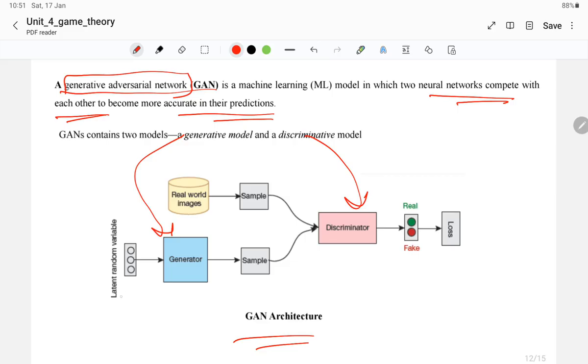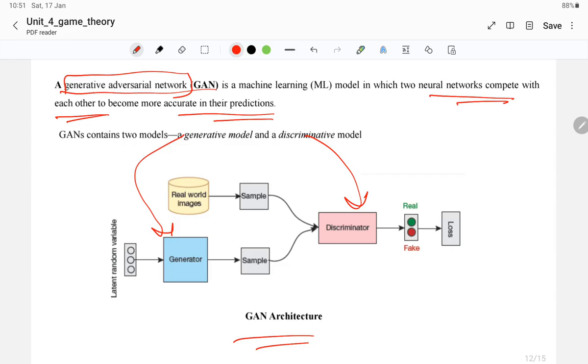The generator takes a latent or random variable as input, and a sample is taken, which is compared with real world images by the discriminator. It decides whether the sample is real or fake. Finally the loss function is computed, which is used to update the discriminator and the generator.